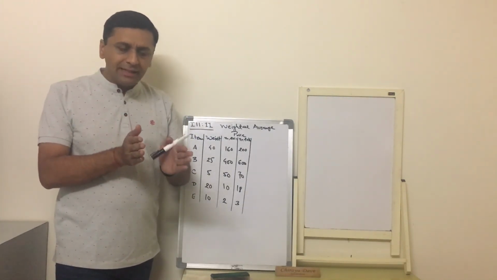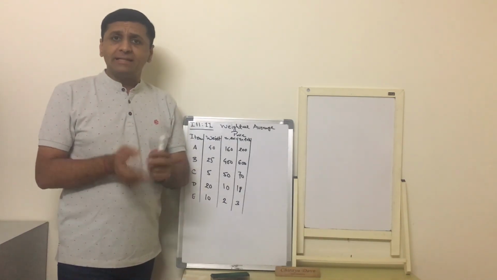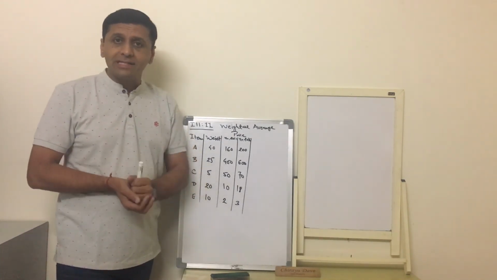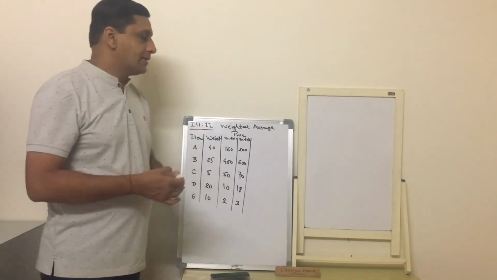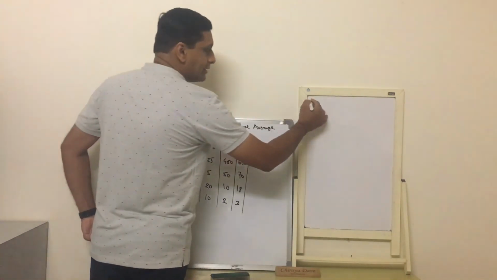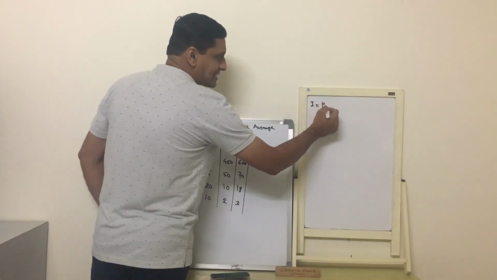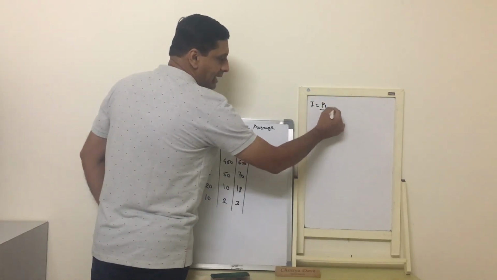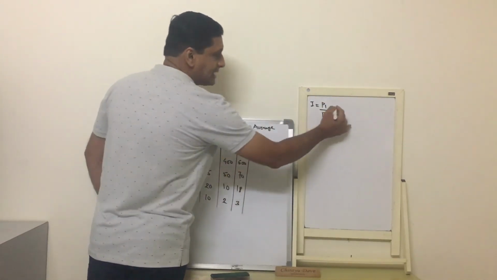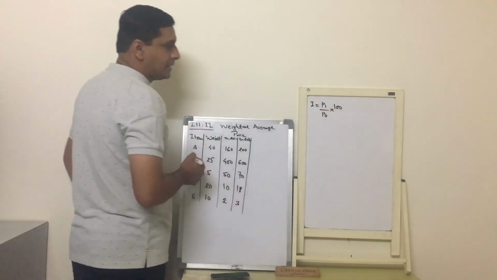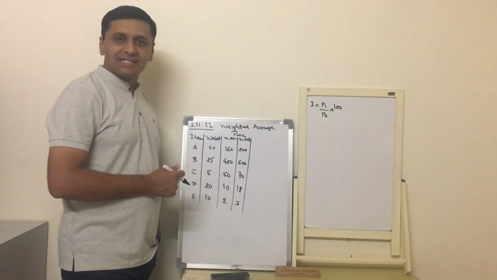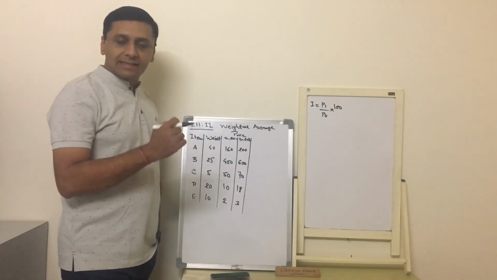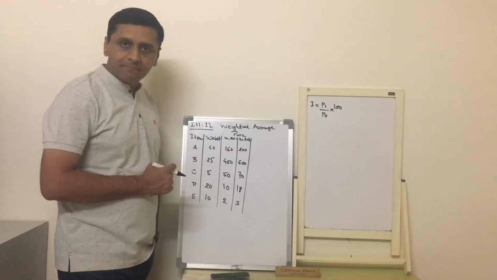Index is prepared in the simplest way by dividing new price by old price. You must be remembering that your index is current price divided by old price multiplied by 100. I hope everyone remembers this. This is nothing but the preparation of an index.